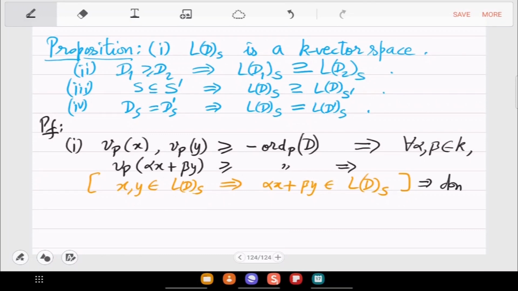Right, so you are done. Fine. So you can sum up rational functions in L(D,S), you remain there.